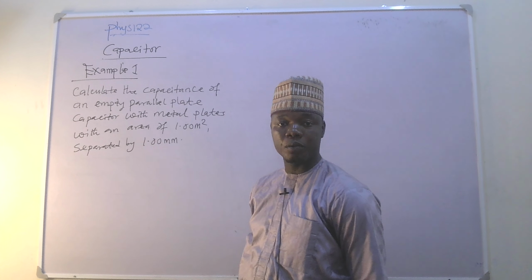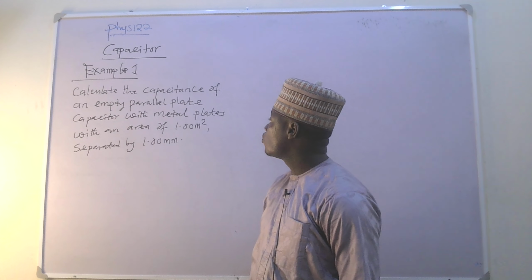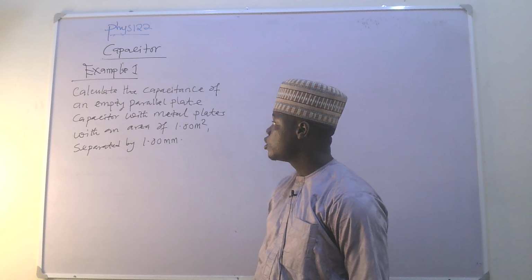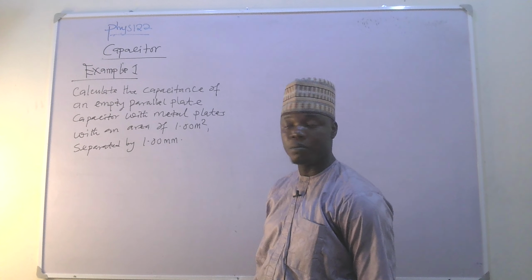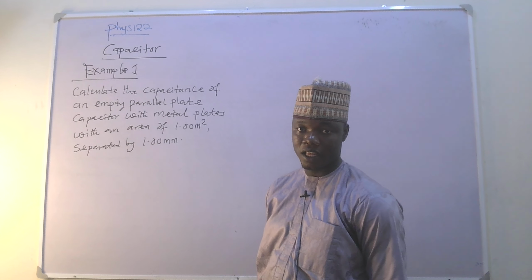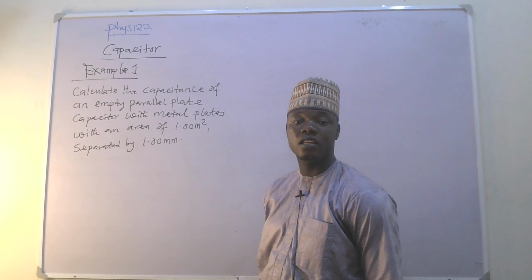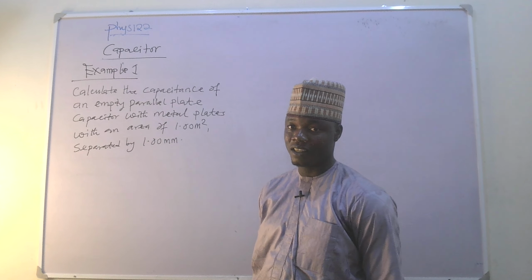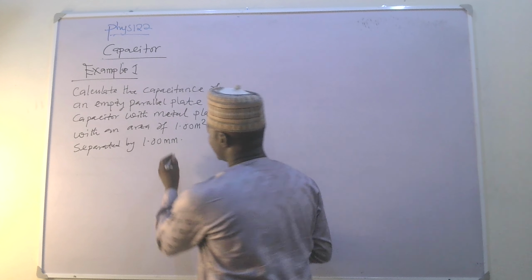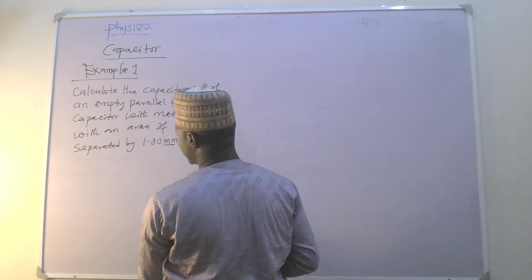Calculate the capacitance of an empty parallel plate capacitor with a metal plate with an area of 1.00 meters squared separated by 1.00 millimeter. So we have 1 millimeter and we have the area and we have to calculate the capacitance.